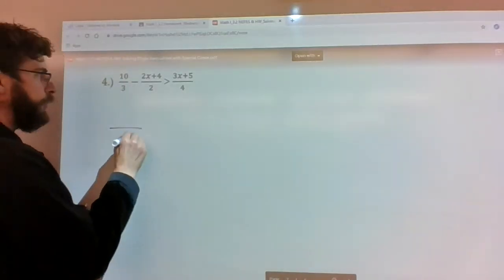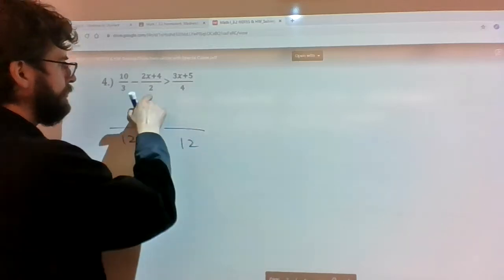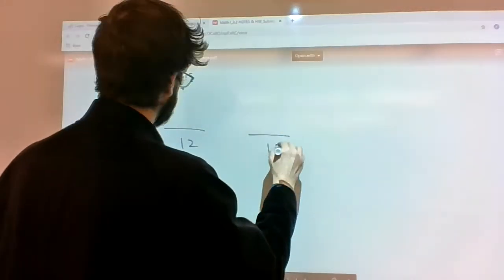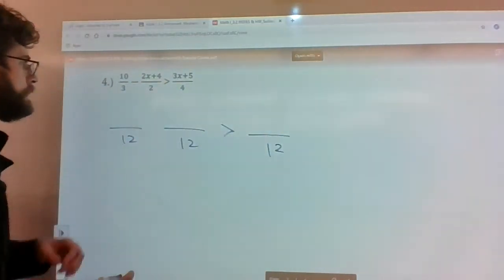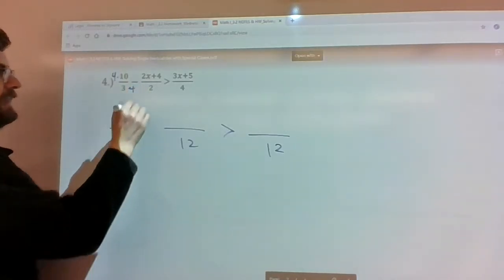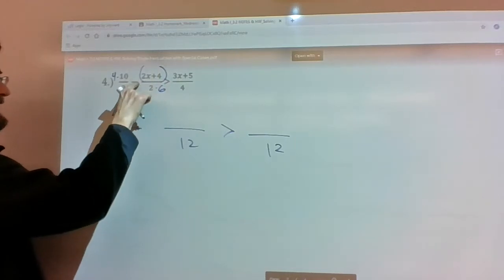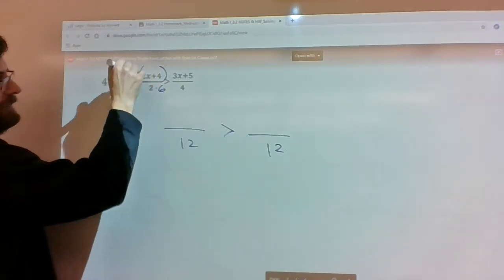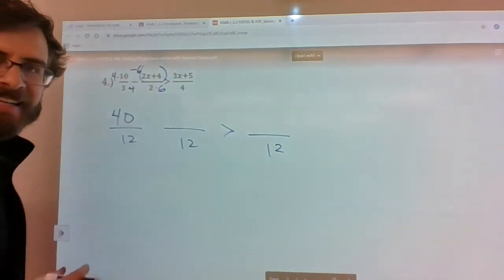So something over 12, something over 12, something over 12. Still greater than. So I have to multiply this by 4, so you get 40. Multiply this by 6. The 6 adopts the negative. So I'm multiplying by negative 6.